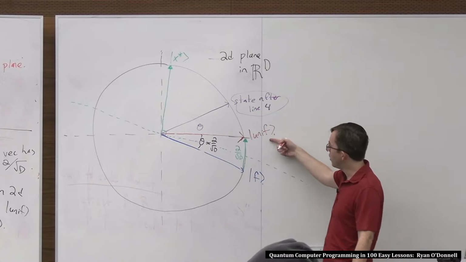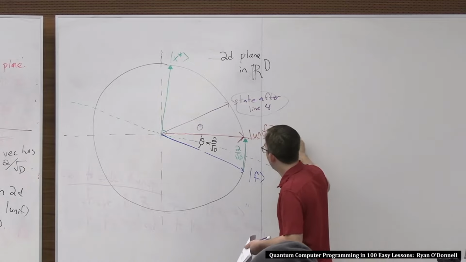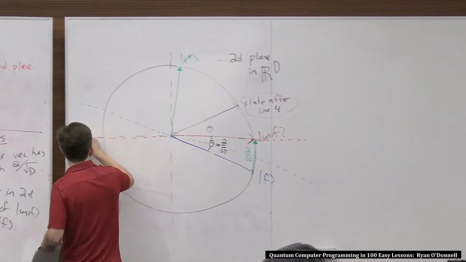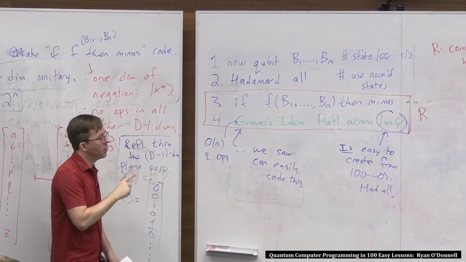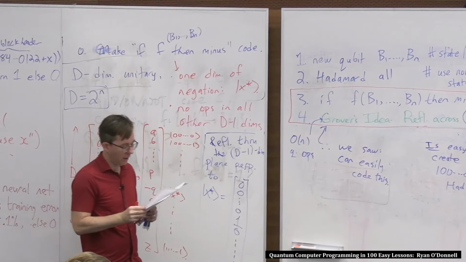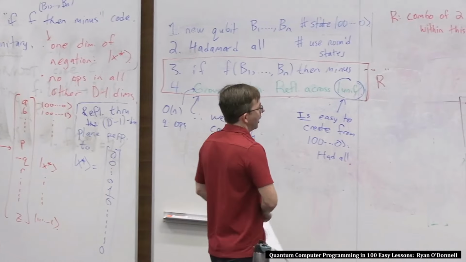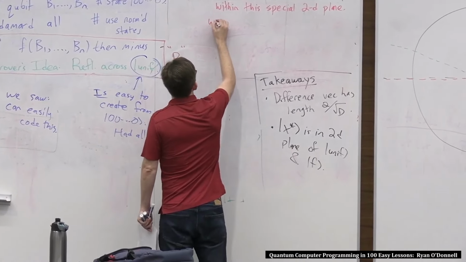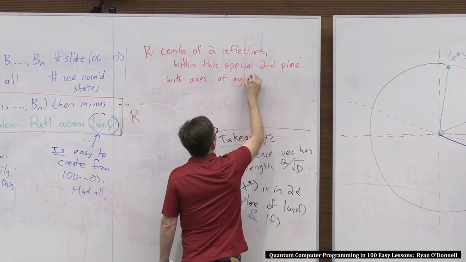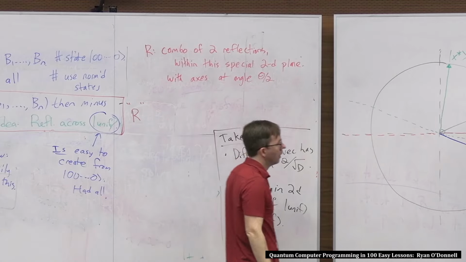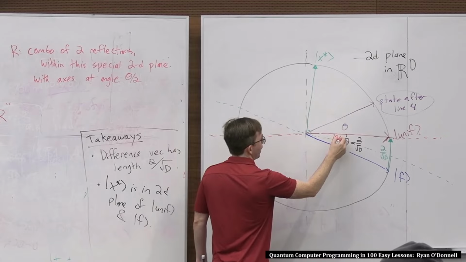And the second one is actually reflection through a vector, which is this horizontal vector. But within this two-dimensional space, it's a combination of two reflections, with axes at angle theta over 2, actually, because the angle between the green and the red is theta over 2.